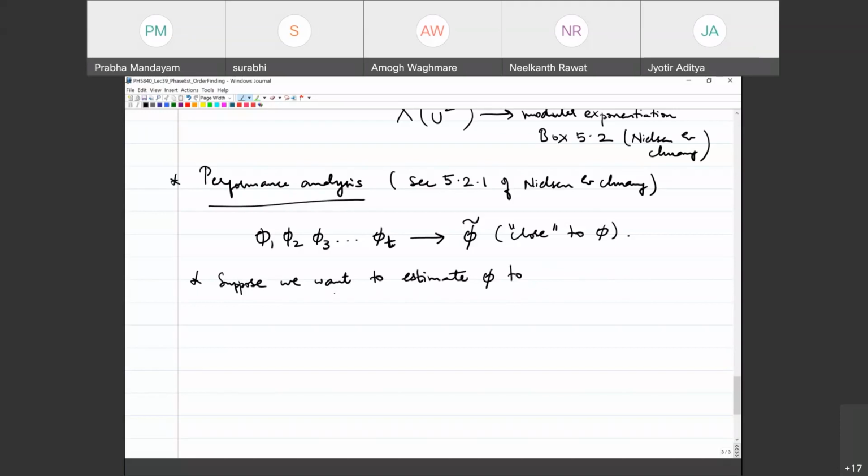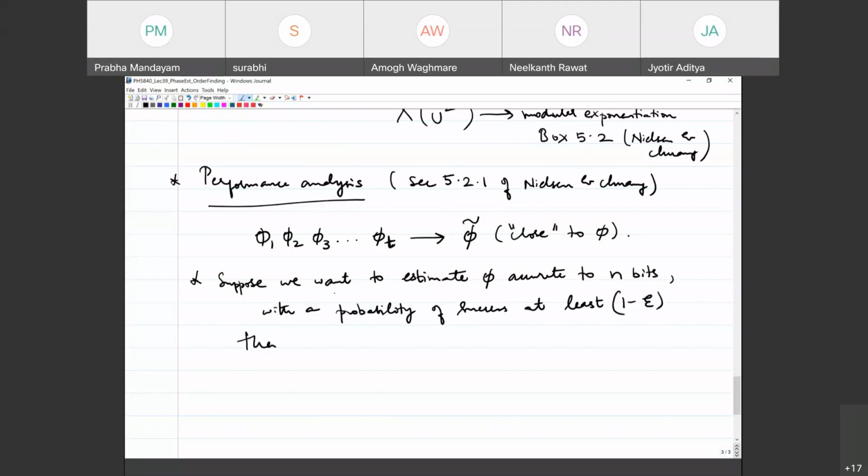So if you want to estimate phi accurate to n bits, with high probability, so let me say with a probability of success which is at least 1 minus epsilon, then we need T to be of the order of n.